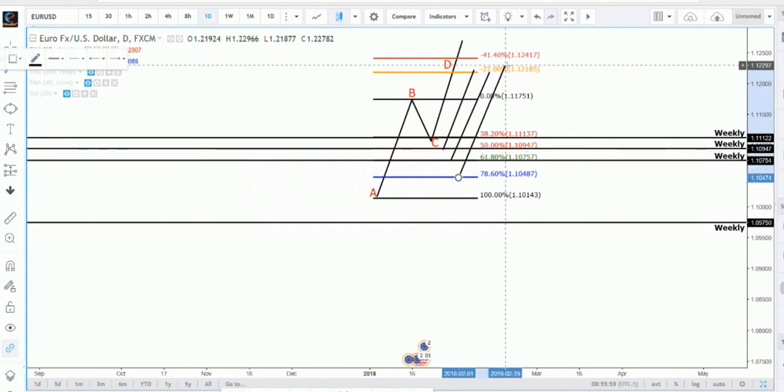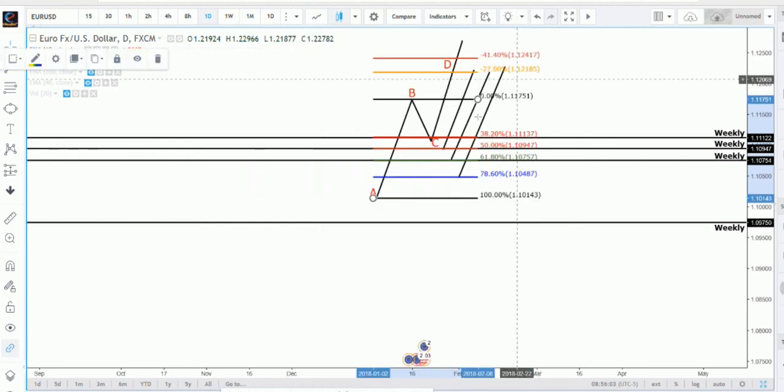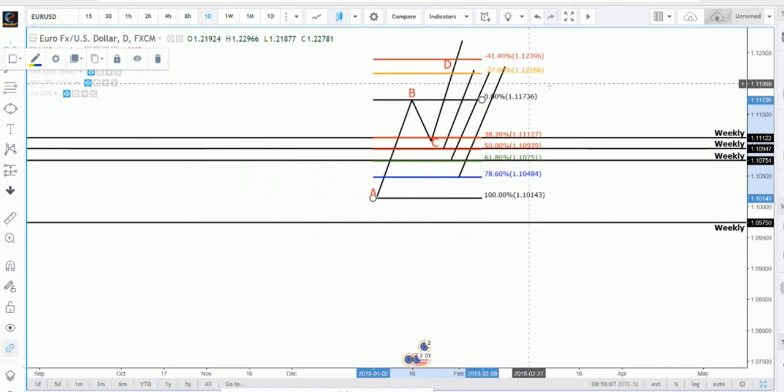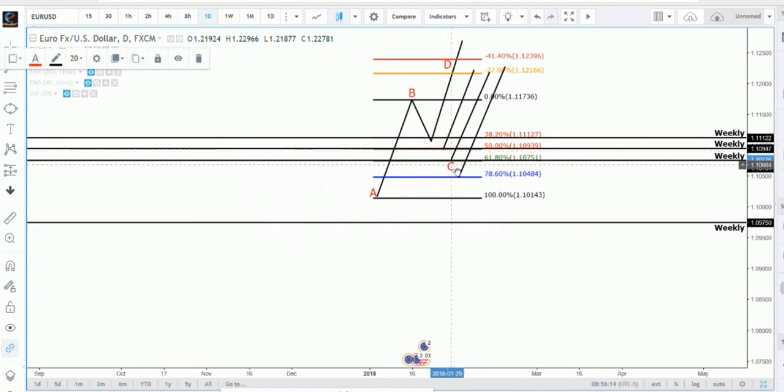That is still valid. Any one of these fib ratios can still be valid. So any one of these from this original pullback can be a C. C could be here, C could be there. It could be any one of these.